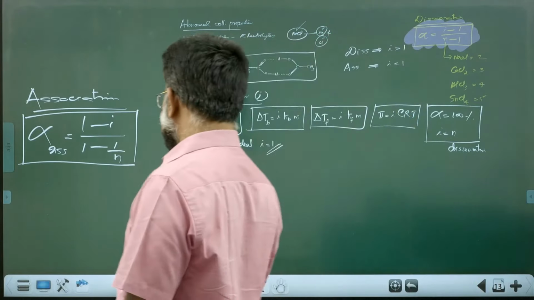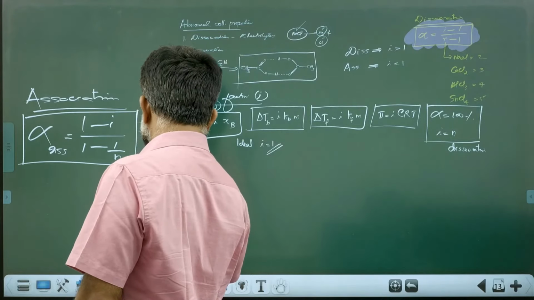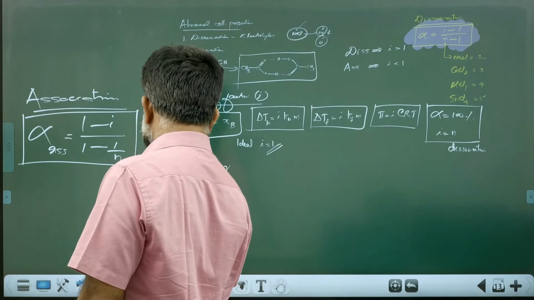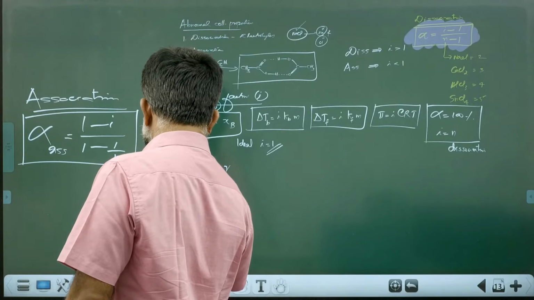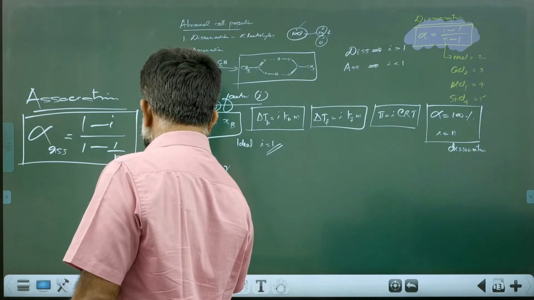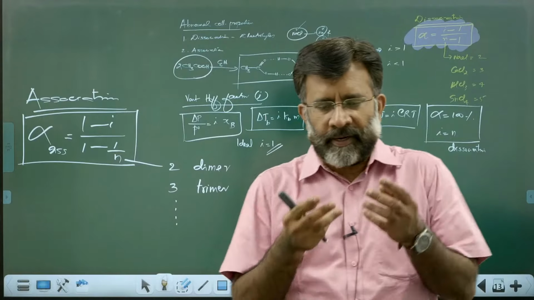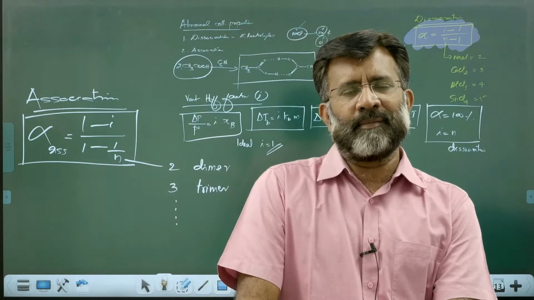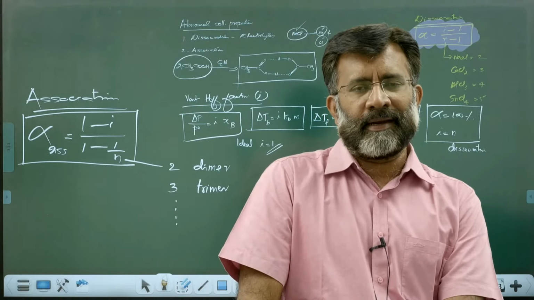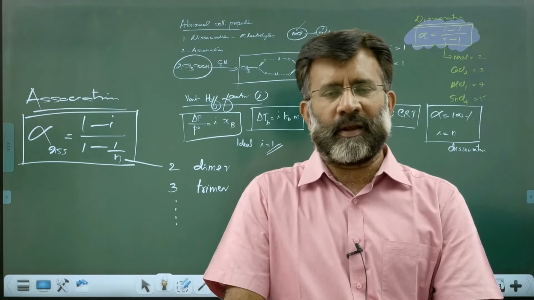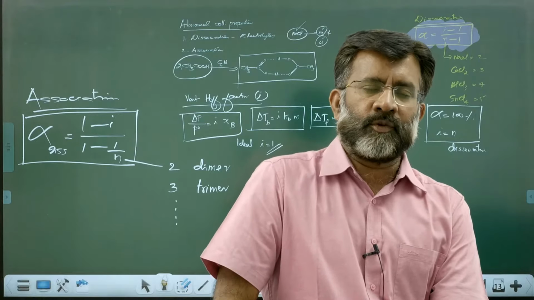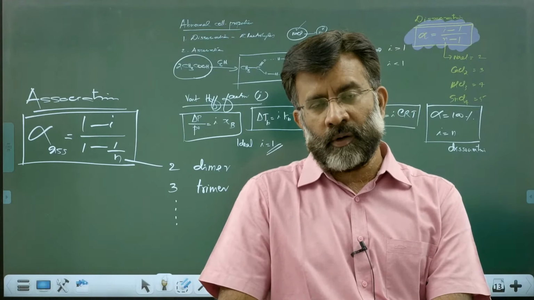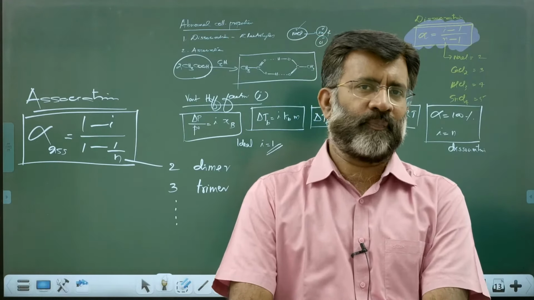What is n here? n equal to 2 for dimerization, n equal to 3 for trimerization, so on. If it is dimerization, 2 units combining, n equal to 2; trimerization, n equal to 3; tetramerization, n equal to 4, like that. So there can be numericals based on this content also.